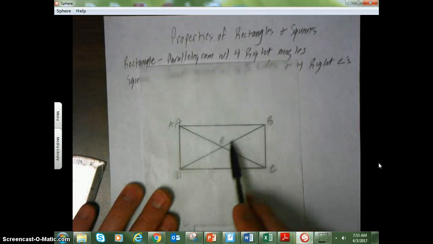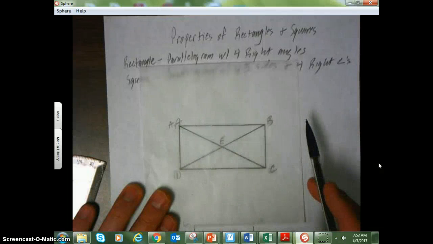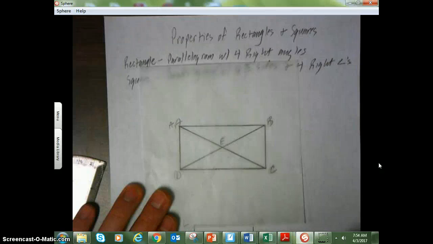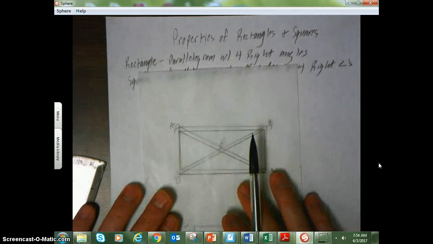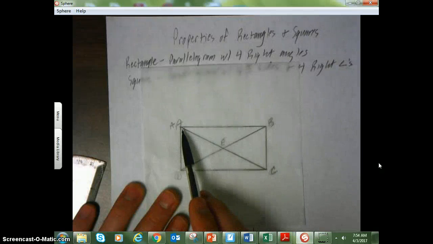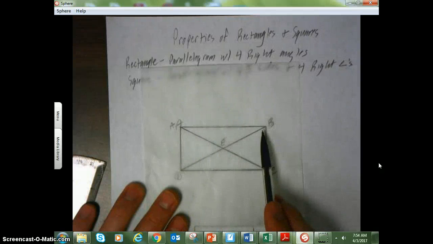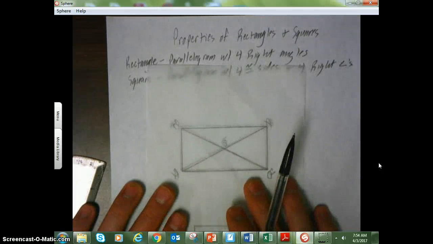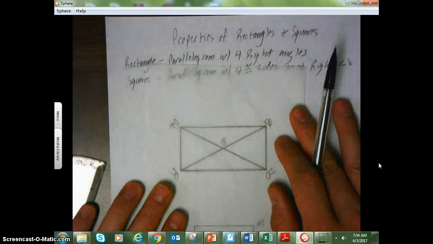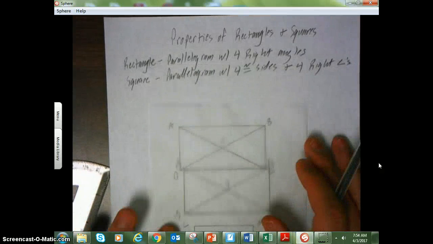That means that segment BD also is a hypotenuse of the right triangle, and if the two triangles have the same legs, the hypotenuse must be the same. So what do we do? I'm going to take the patty paper and put segment AC on top of segment BD so we can compare the lengths and see, yeah, the diagonals of a rectangle are congruent to each other.